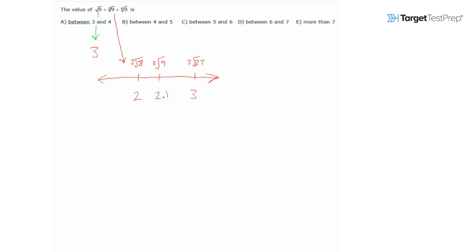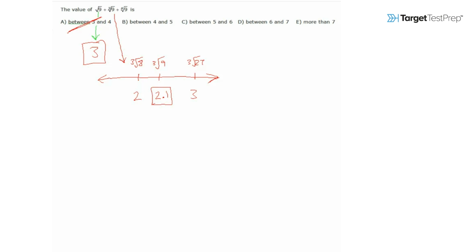Now, the nice thing about questions like this, if you're in a rush or in a hurry, well, we know that 3 plus 2.1 is 5.1, so we automatically get to eliminate A. And the reality is we know that the smallest perfect root is definitely 1 because the square root of 1, cube root of 1, fourth root of 1, fifth root of 1, they're all equal to 1.